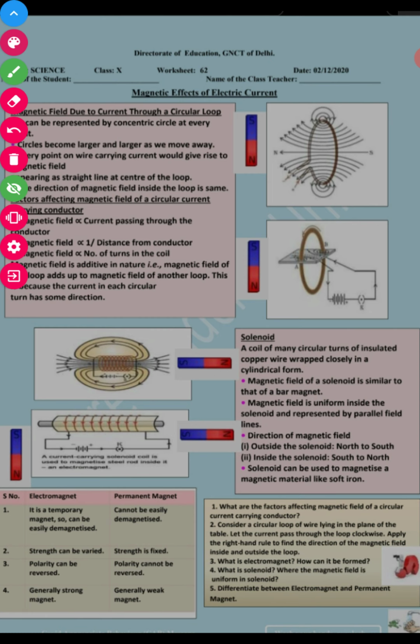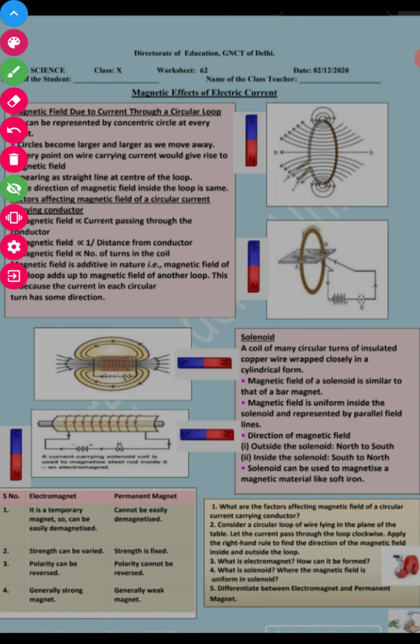Third question: what is an electromagnet and how can it be formed? An electromagnet is a magnet that runs on electricity, right? The strength of an electromagnet can be easily changed by changing the amount of electric current. The poles of the electromagnet can be reversed by reversing the flow of electricity.